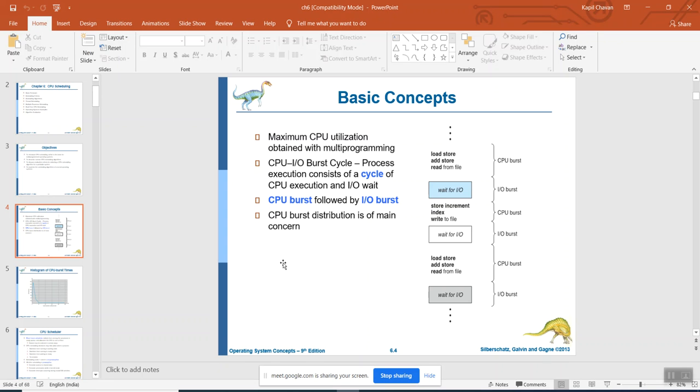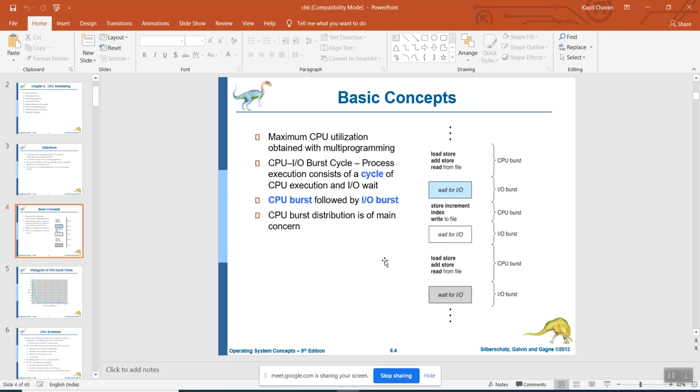Because of scheduling we achieve maximum CPU and IO utilization. In this slide you can see one diagram on the right-hand side, which shows the CPU burst and the IO burst.